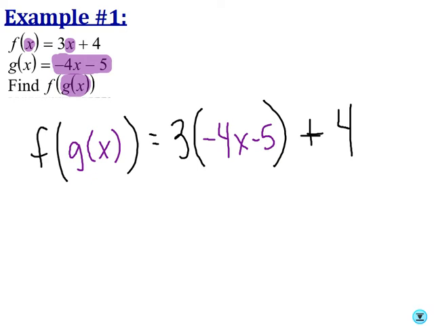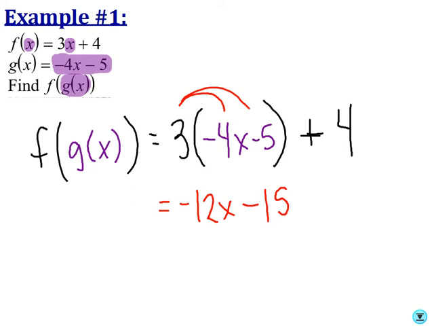But now we're going to take it a step further and fully simplify. If you were to look at this as a Math 1 or even Math 2 student, the first thing that you should want to do is distribute. So equals 3 times negative 4 is negative 12x. 3 times negative 5 is minus 15.